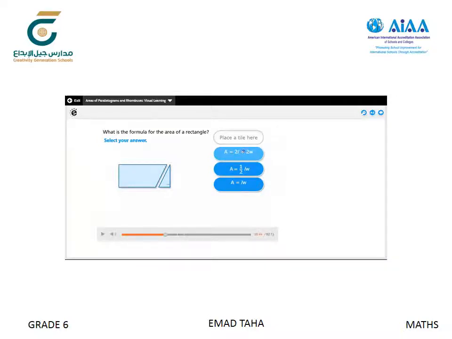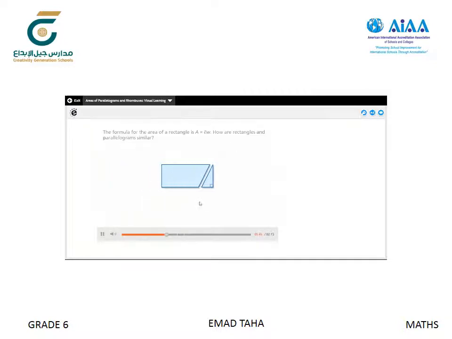Yes, it's a perimeter of rectangle. Okay, the next one is area equal half times length times width. Let's try. That's wrong. So, the area of rectangle equal length times width. The formula for the area of a rectangle is area equals length times width.